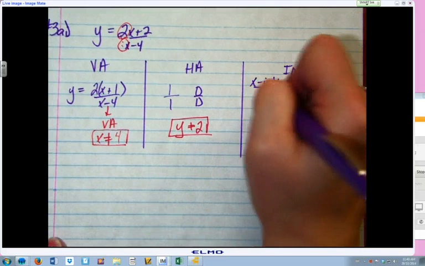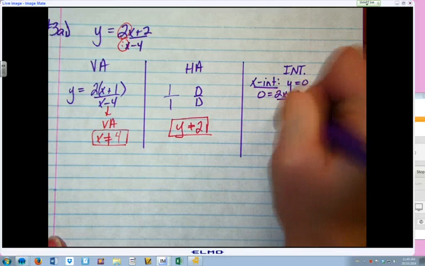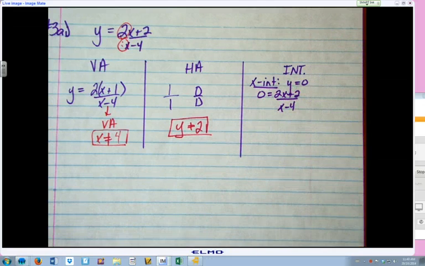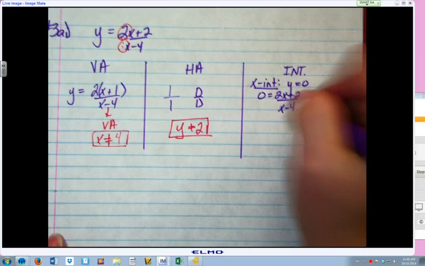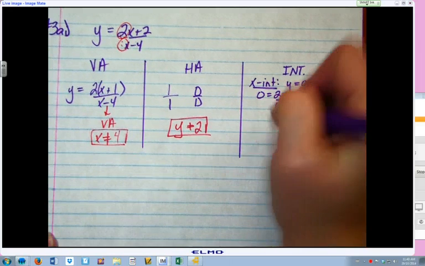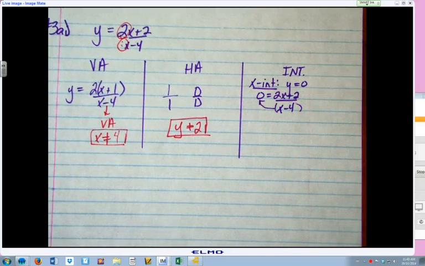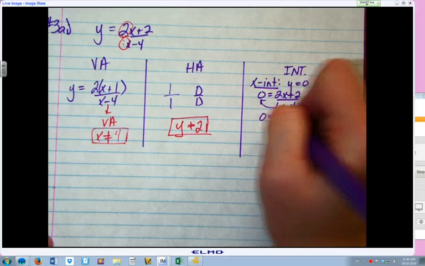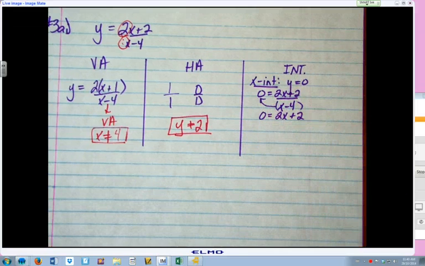So we get 0 equals 2x plus 2 over x minus 4. Multiply both sides by x minus 4. And sometimes it helps to bracket to see what we're doing. So we're just multiplying it up, and what happens when the other side is 0? It's just 0. So the bottom actually ends up just disappearing because we've multiplied it by 0.